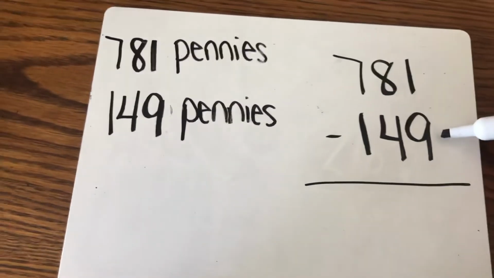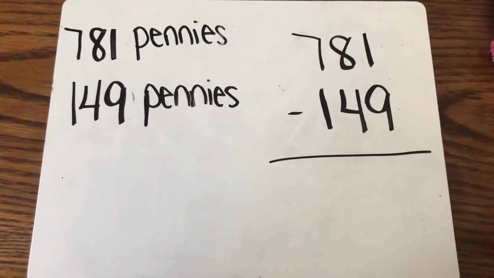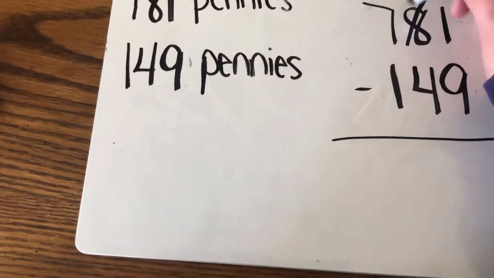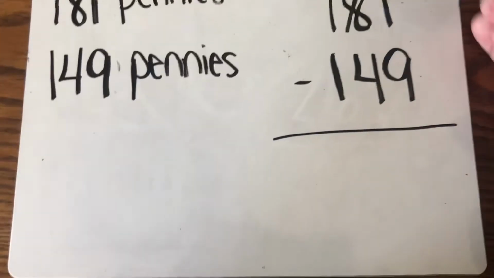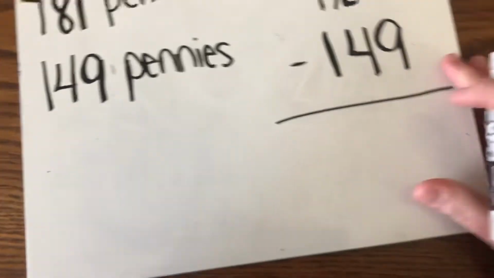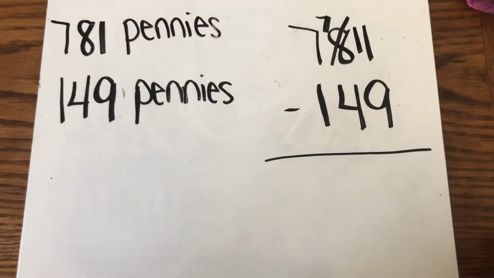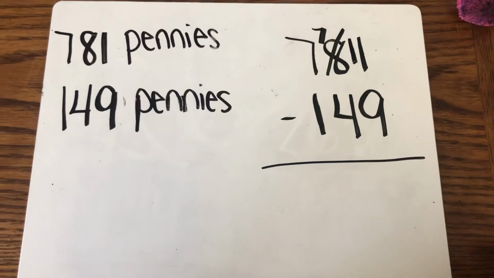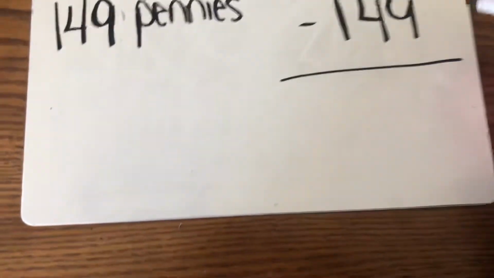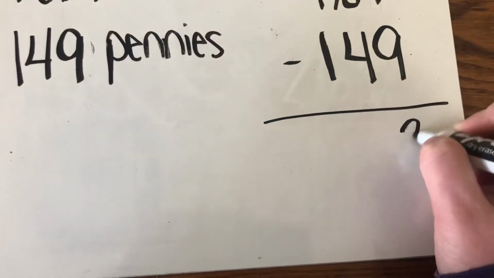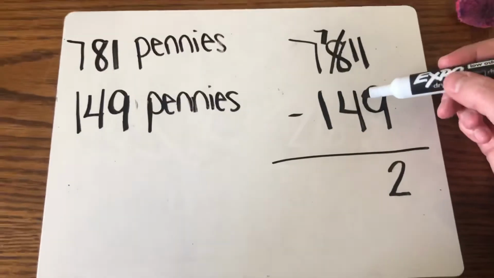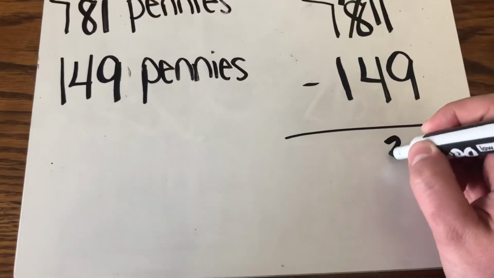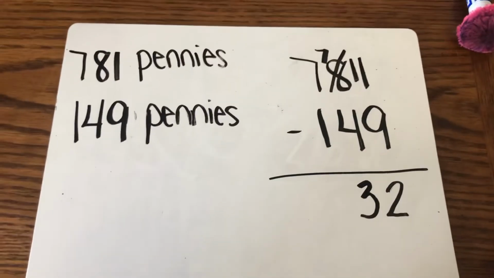All right, can I take 9 pennies away from 1 penny? No, I can't. So I need to cross out my 8 and put a 7, and then I'm going to add those 10 pennies to my 1 to make 11 pennies. 11 minus 9 is 2. 7 minus 4 is 3.